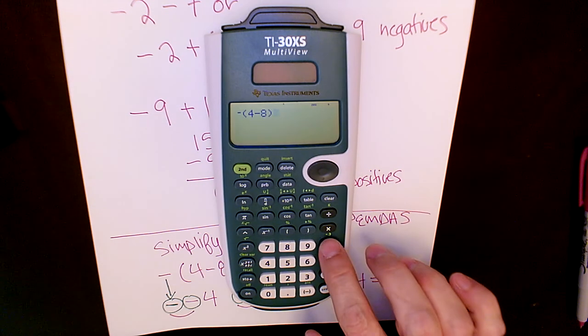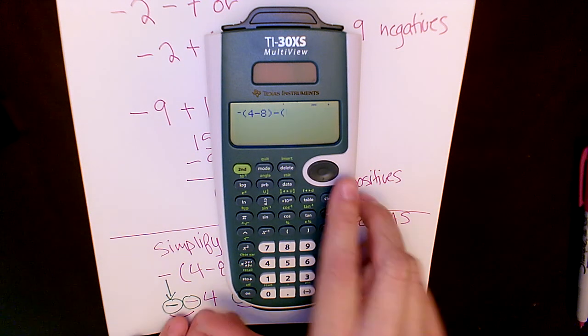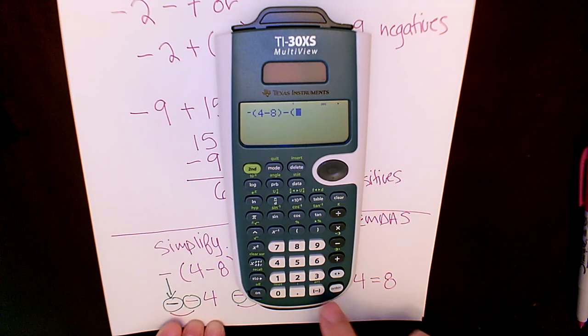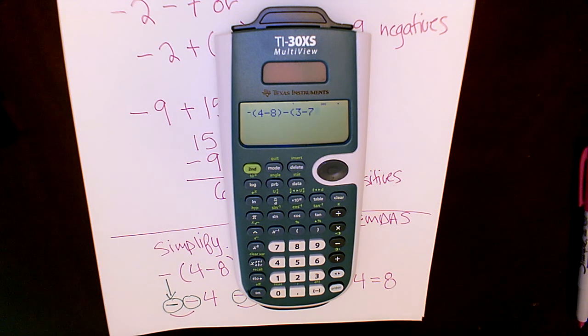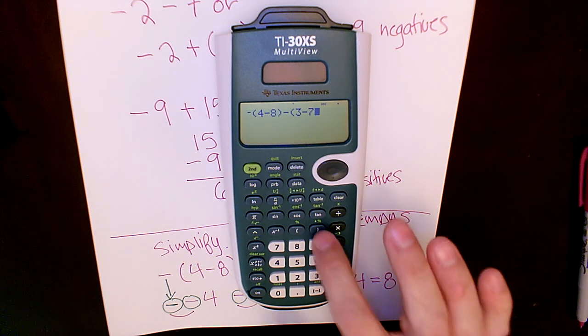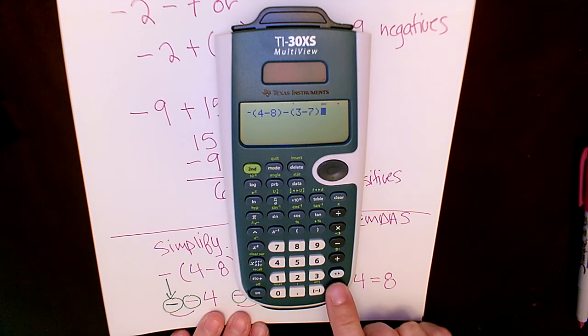And then I'm going to do minus parenthesis 3 minus 7. Close it up above the 9. I'm going to hit enter.